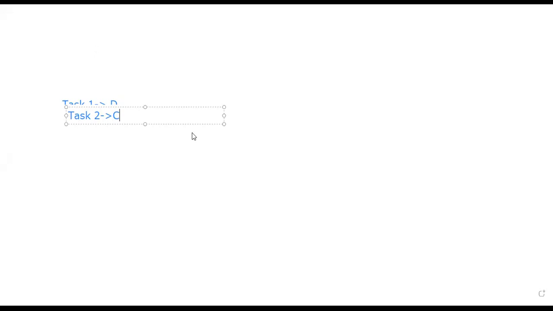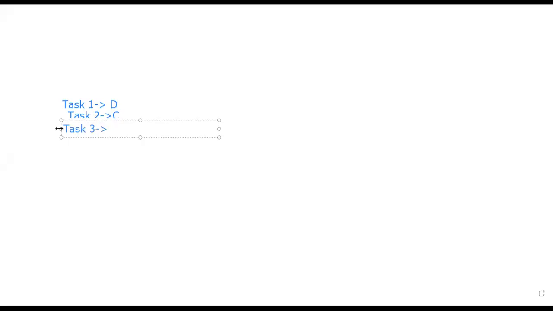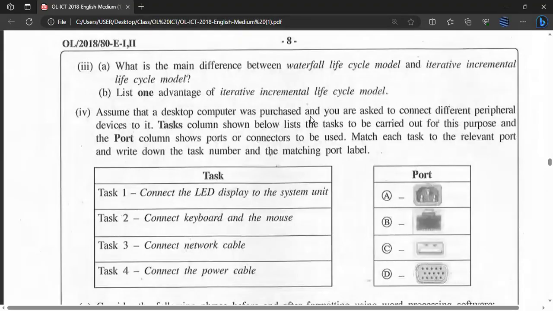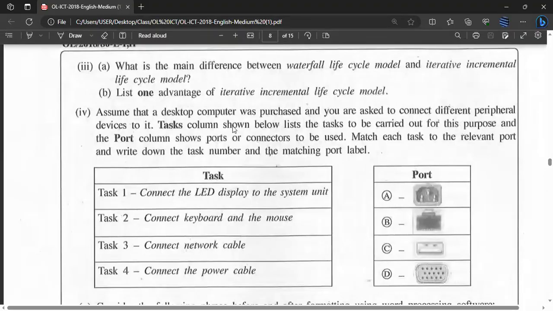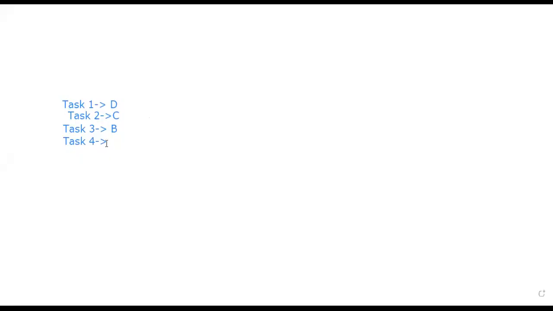Then task 3, answer is... task 4, connect the power cable. So that is A. Right. Then moving forward to the next question.